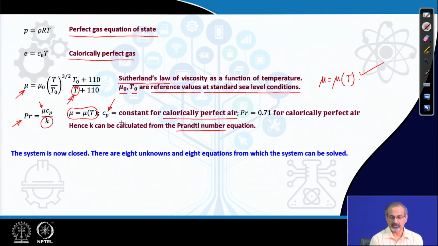So, Cp will be a constant, and for calorically perfect air, Prandtl number can be taken roughly as 0.71. So, in the given situation, you can work out K as a function of T basically. So, now that you have 4 more relations, your system of equations is now closed. There are 8 unknowns and 8 supporting equations which can now be used for solving for the flow field.